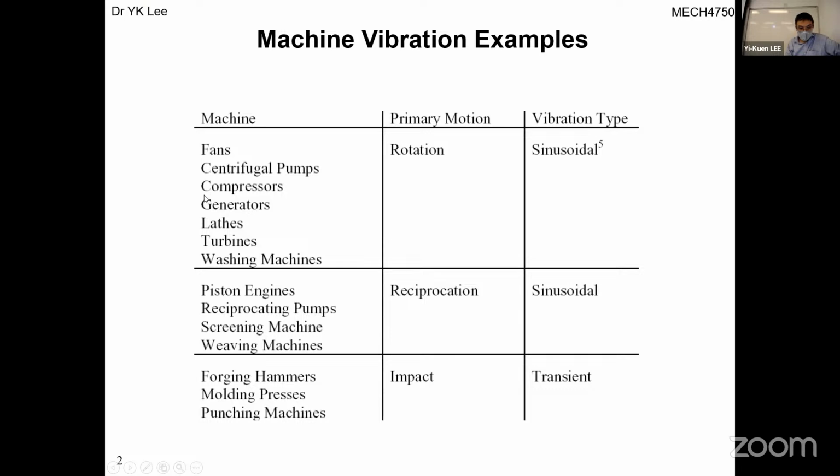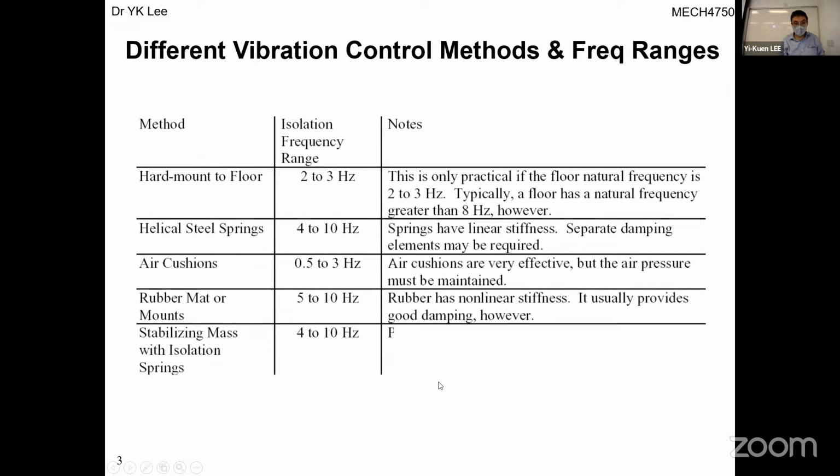Fan, compressor, lathe, compressor maybe in an air conditioning system, engine, hammer in the manufacturing industry. The difference is impact, same as well. And then typically here it gives you the typical range of frequency, which is also quite important. Rubber mat and mount, this is what they use, right? You have some engine, and you may need to put it on an additional rubber mount to minimize this kind of vibration.